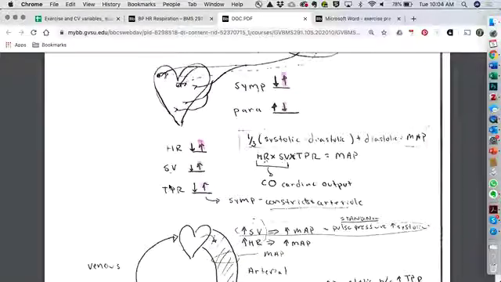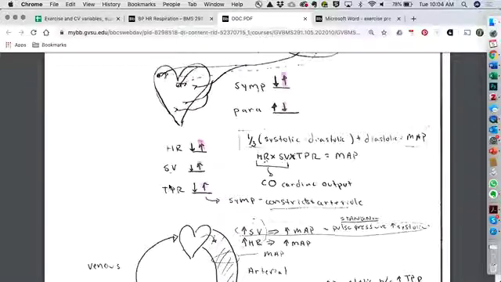Okay, so there's another equation for mean arterial pressure. What's that? One third pulse pressure, plus diastolic.